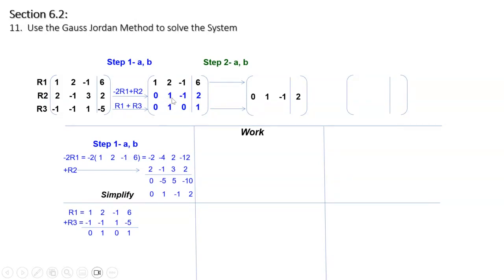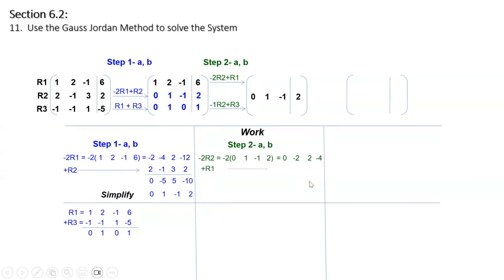So I'm going to multiply -2 times row 2 and add it to row 1. Right here for row 2 and row 3, we already have 1s. But if you notice, both are positive, so I need to multiply -1 times row 2 and add it to row 3. And here's my work. There's -2 row 2, right? So it's going to give us 0, -2, 2, and -4.